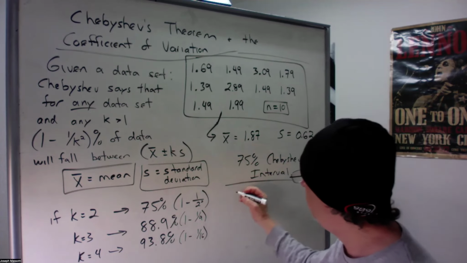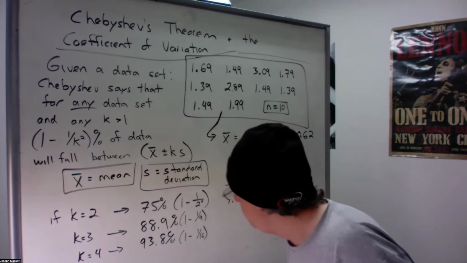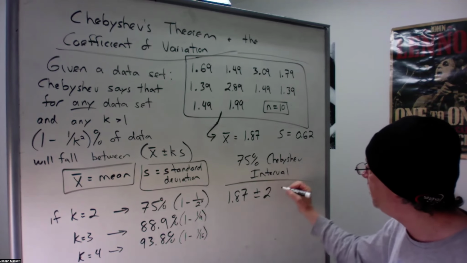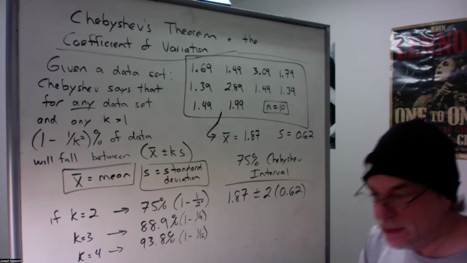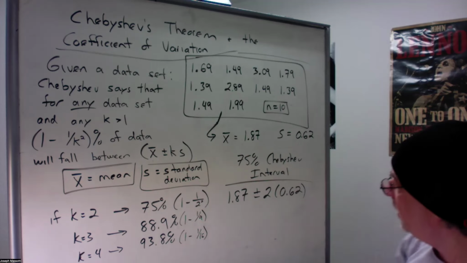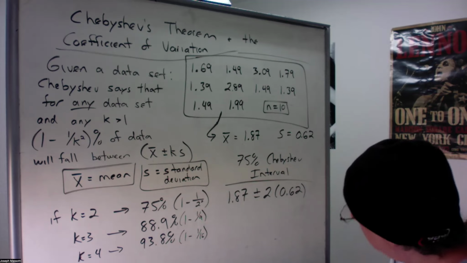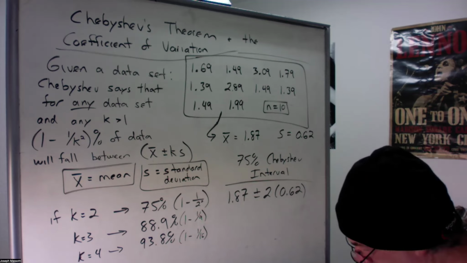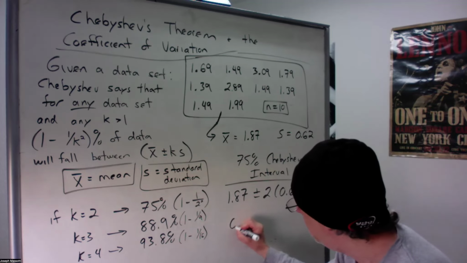So we know the mean is 1.87. We know we're going out 2 standard deviations of 0.62. So we can say with 75% confidence that our 75% interval is going to be 1.87 minus 2 times 0.62, or 0.63.